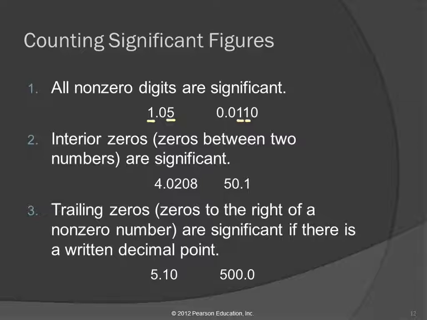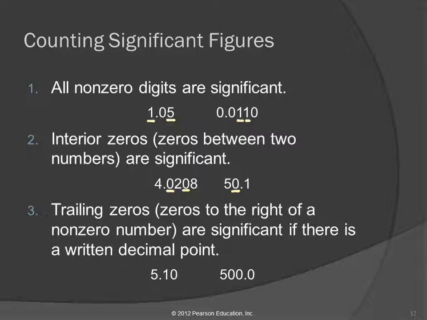So the interior zeros, and by that we mean zeros between two other digits, are always considered significant. In these two examples, this 0 is an interior 0, and this is an interior 0. I am underlining the digits that the rule is talking about, not the significant digits. In 50.1, this is an interior 0. It's between non-zero digits, so those are always counted. Trailing zeros. These are zeros at the end of the number.